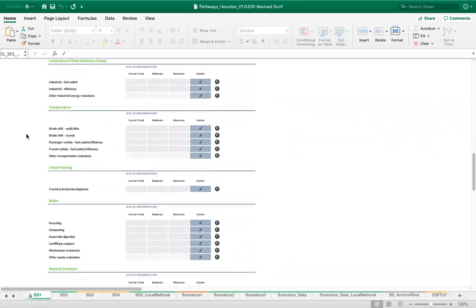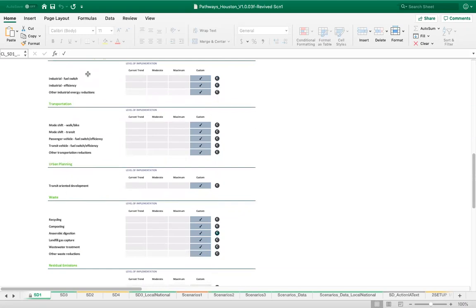On the industrial side, industrial is very difficult to model because industrial sites vary so significantly from one city to another in the nature of the industry that's there. So I would say that the industrial section is very high level. It doesn't have the granularity and calculation for the other stationary areas or transportation, because it's very difficult to characterize in general terms what an industrial set of facilities looks like.